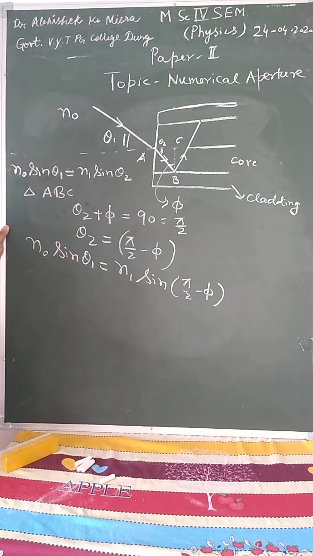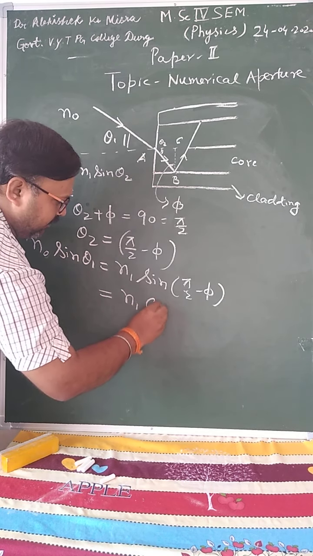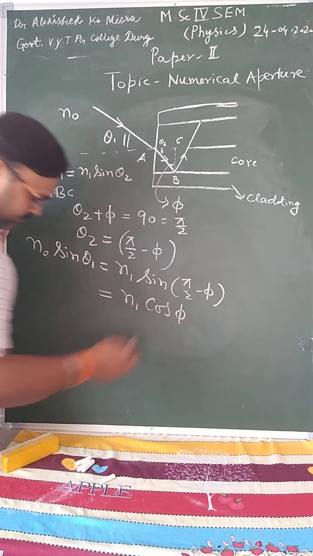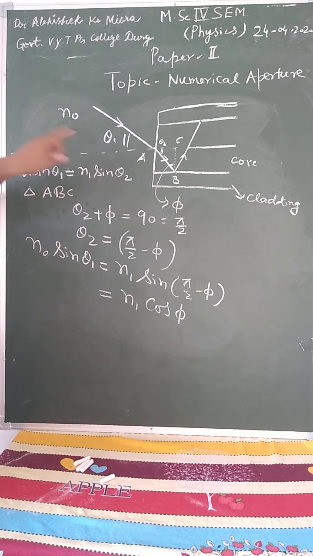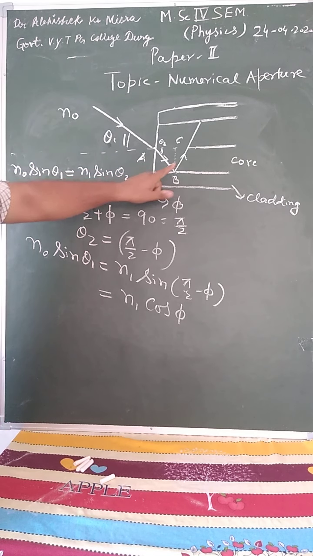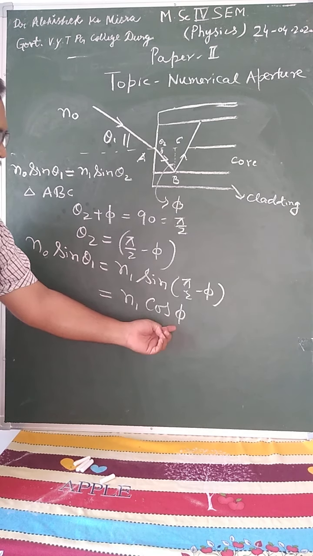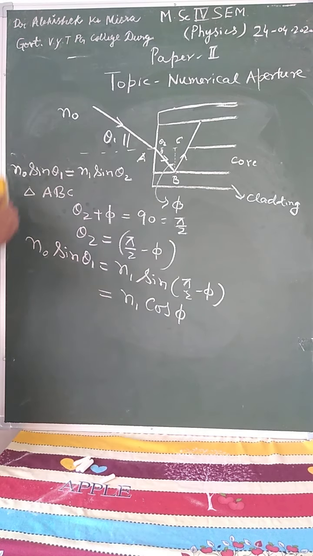Sin (90 minus theta) is equal to cos theta. Therefore, this becomes N1 cos phi. Now, when this angle is equal to the acceptance angle, then the total internal reflection phenomenon occurs. Therefore, phi is equal to the critical angle.